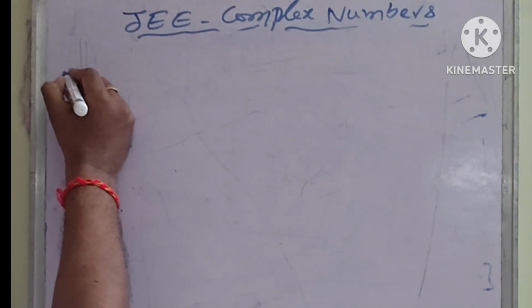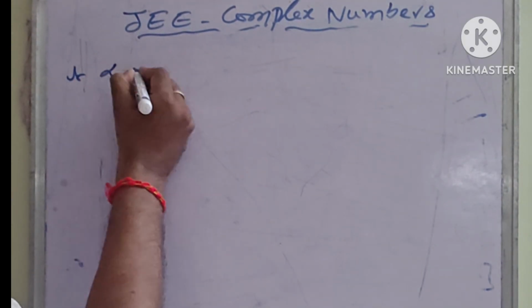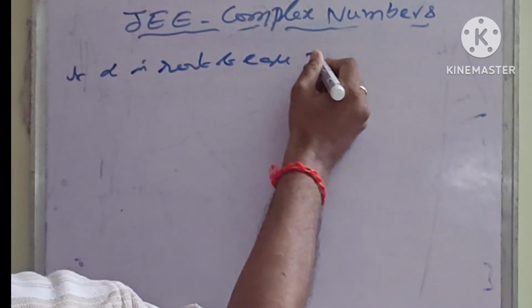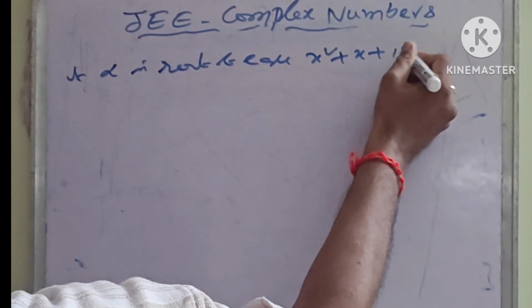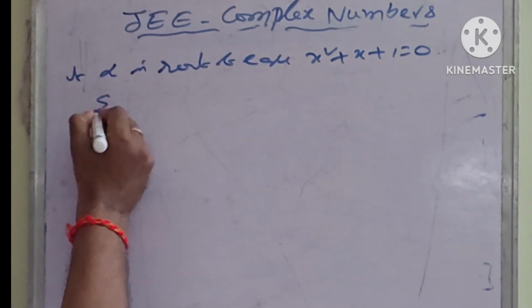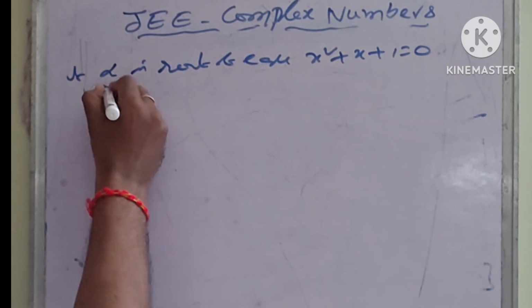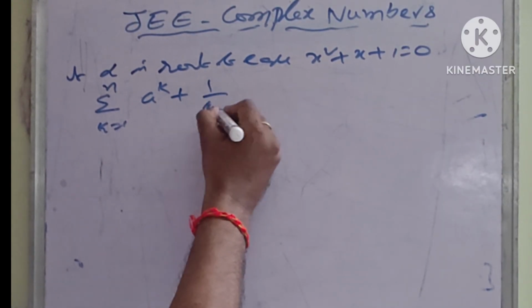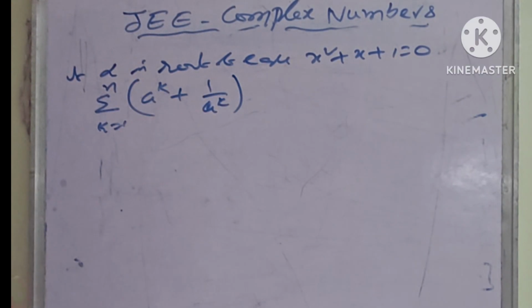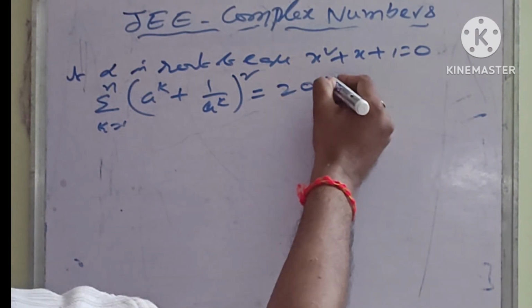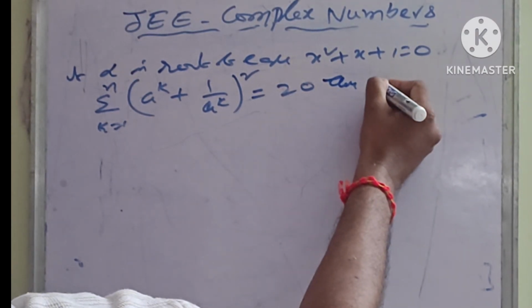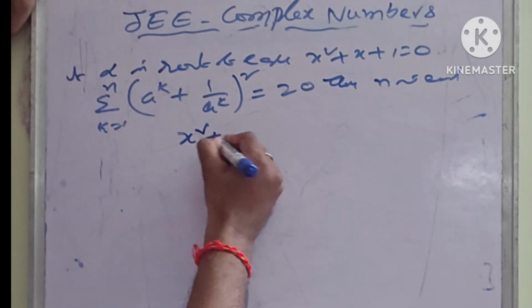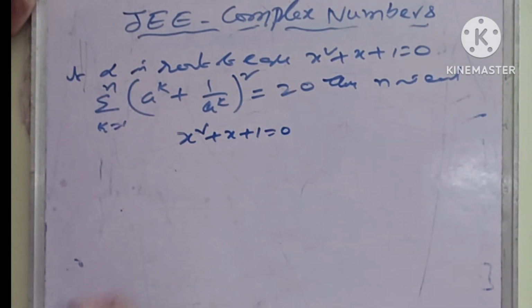One more model. So if alpha is a root of the equation x square plus x plus 1 is equal to 0 and summation of k is equal to 1 to n, a power k plus 1 by a power k whole square is equal to 20, then n is equal to? The equation is x square plus x plus 1 is equal to 0.